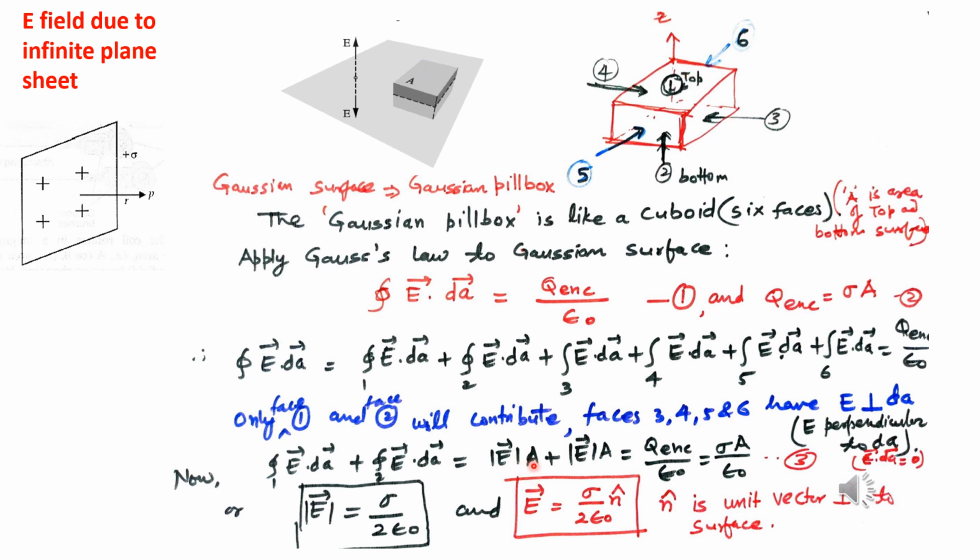So EA plus EA equals sigma A by epsilon naught, and 2EA equals sigma A by epsilon naught. So the magnitude E equals sigma by 2 epsilon naught, and the direction is in the n cap direction. n cap may be in the x direction, y direction or z direction, so we will write according to the direction. We will have to put the unit vector here also. So this is for the planar symmetry case.